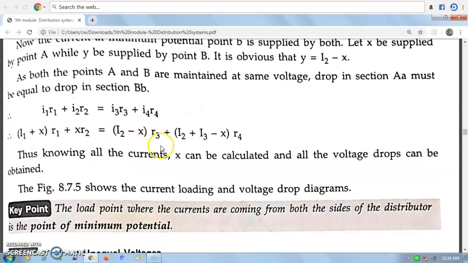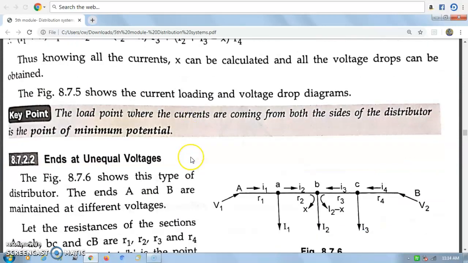Both sides voltage drops are equal. Therefore, I1 is equal to capital I1 plus X, I2 is equal to X, I3 is equal to I2 minus X, and I4 is equal to I2 minus X plus I3. So the current X can be calculated and all the voltage drops can be obtained by using this formula.